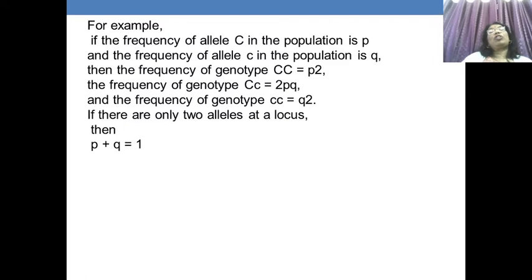Then the frequency of genotype CC is equal to P square, the frequency of genotype capital C small c is 2PQ, and the frequency of the third genotype, that is small c small c, is equal to Q square.